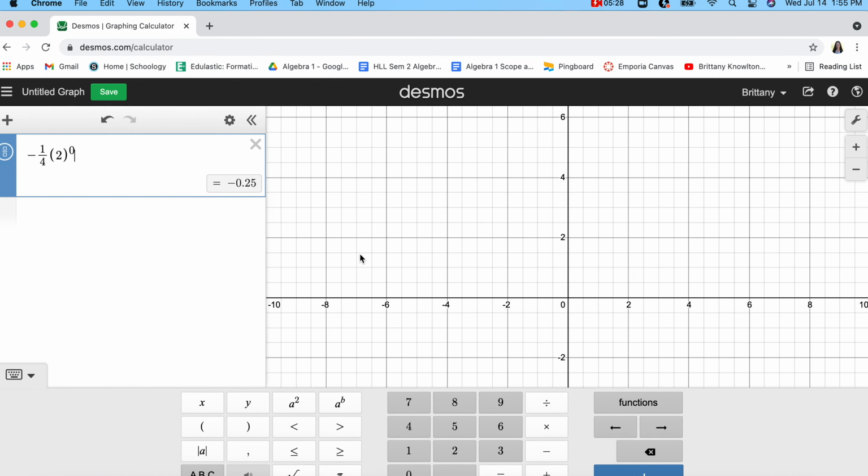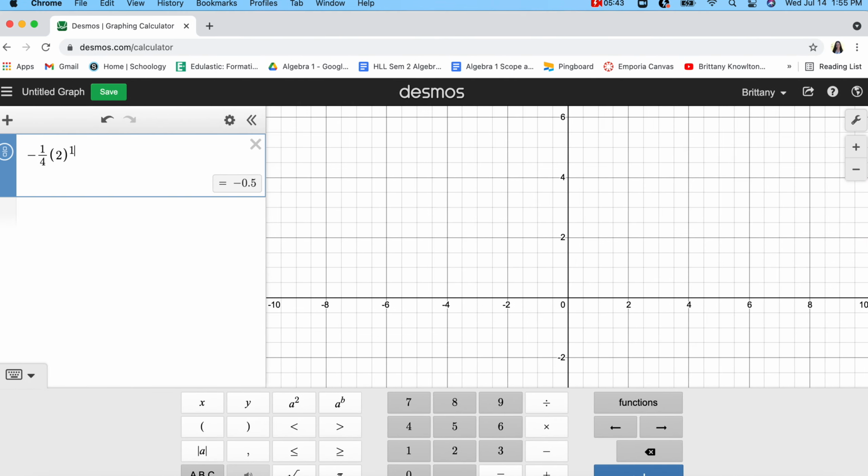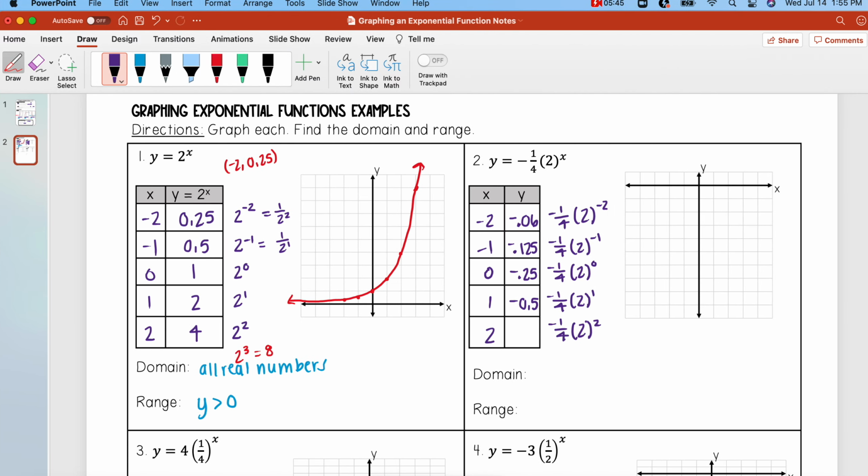Plug in 1, and I get negative 0.5. Then I plug in 2, and I get -1. Now when I'm graphing that, -2 is really close to the x-axis, and then -1.